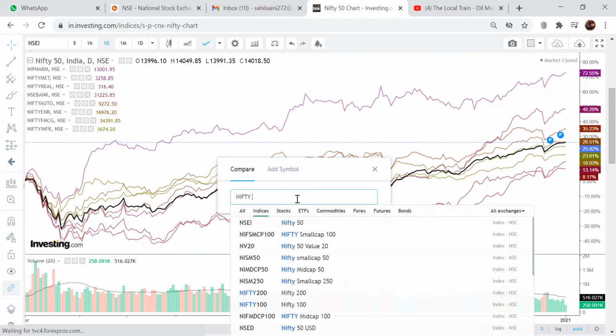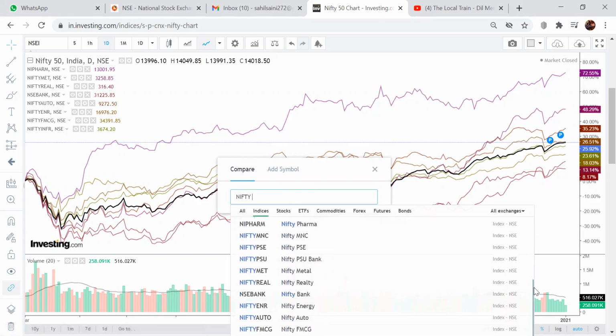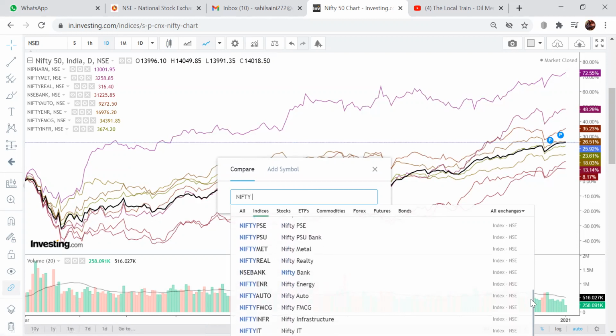Nifty Energy is done. Metal, I think it's done already. See, FMCG is done.